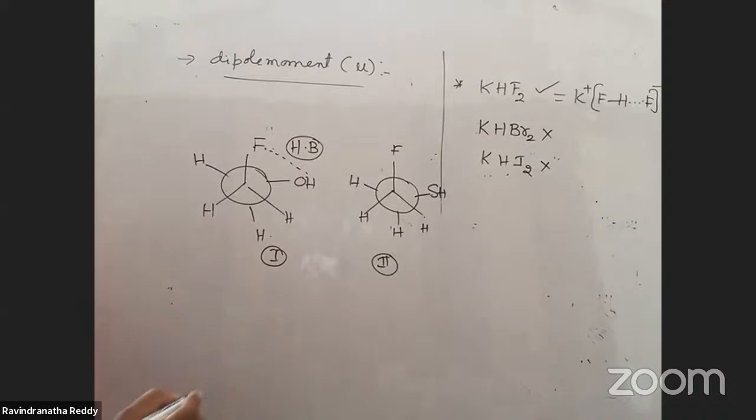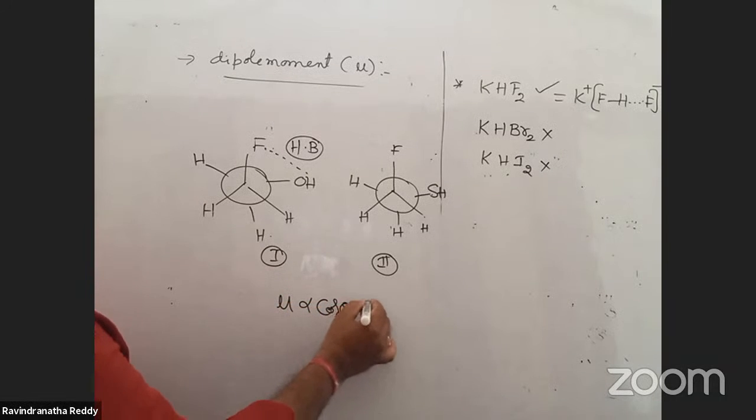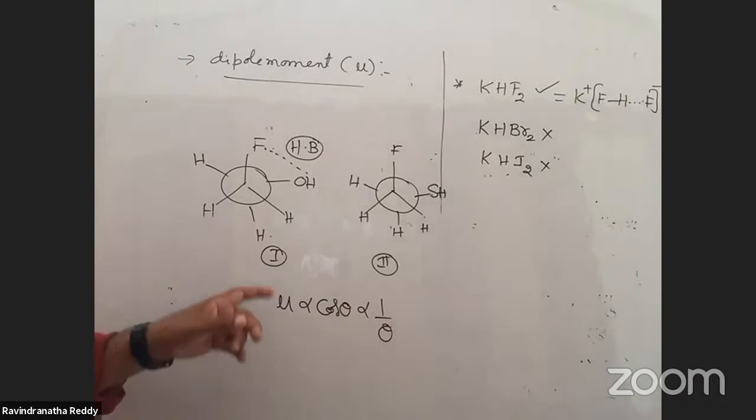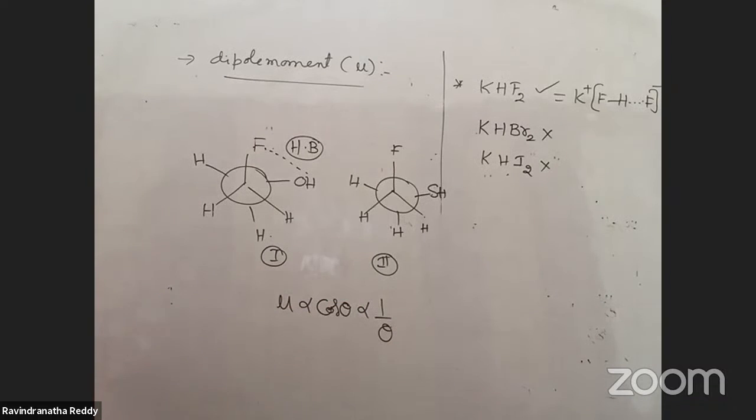Regarding bond angle, in the first condition the bond angle decreases. Dipole moment is directly proportional to cos theta, inversely proportional to theta. So where is the bond angle less?